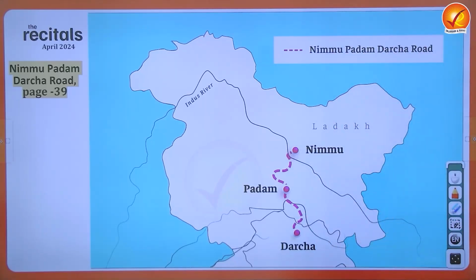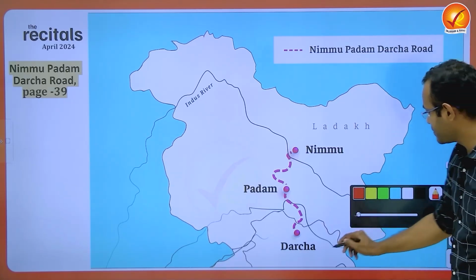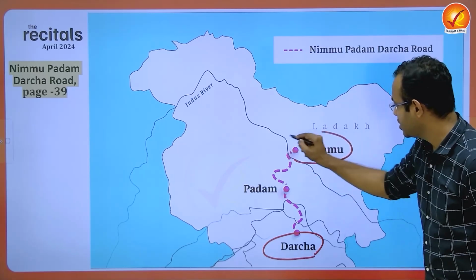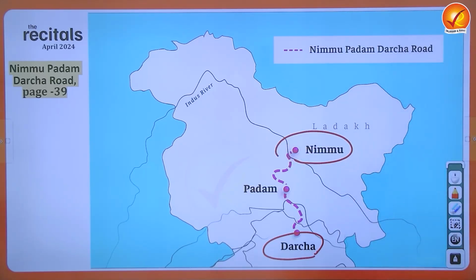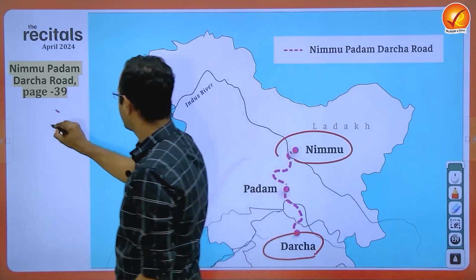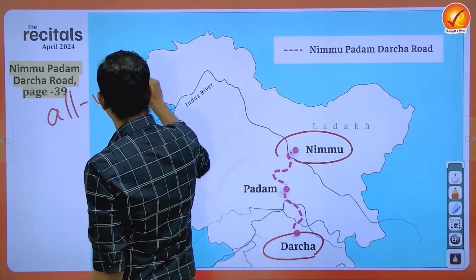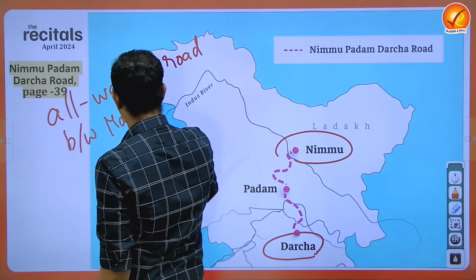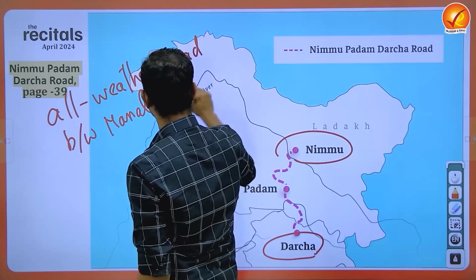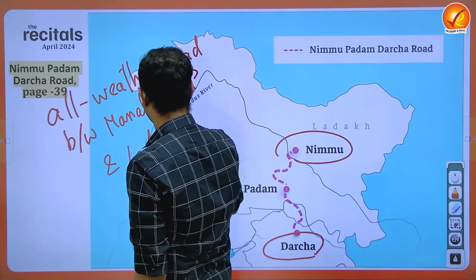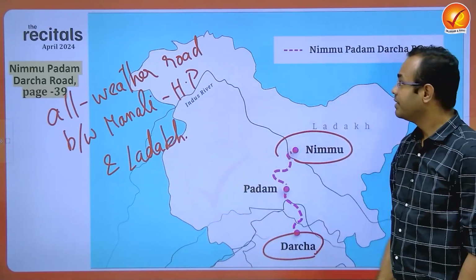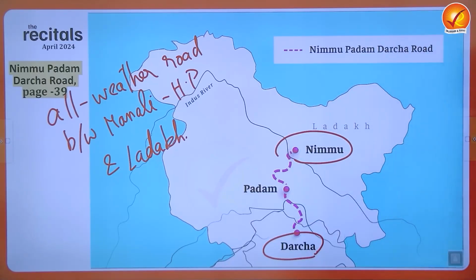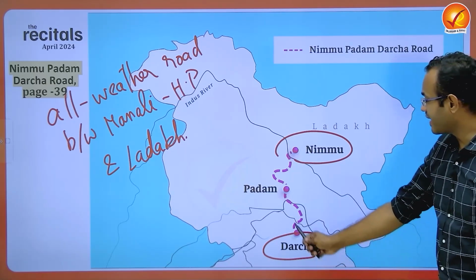Coming back to the topic, Nimmu Padam Darcha Road. Darcha is a place in Himachal Pradesh, and Nimmu is a place in the Ladakh region. This creates an all-weather road between Manali in Himachal Pradesh and Ladakh, connecting Darcha, Padam and Nimmu.